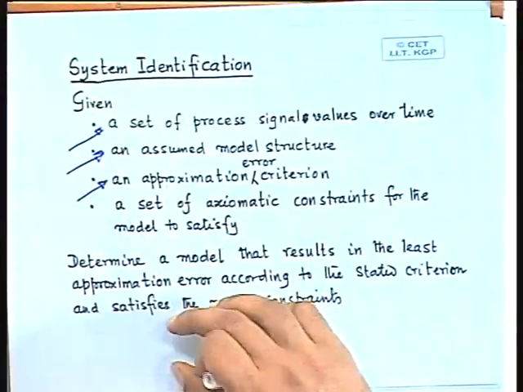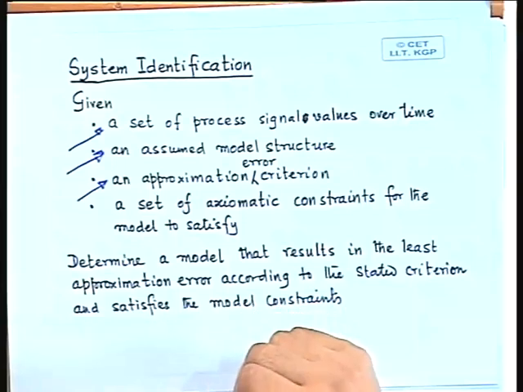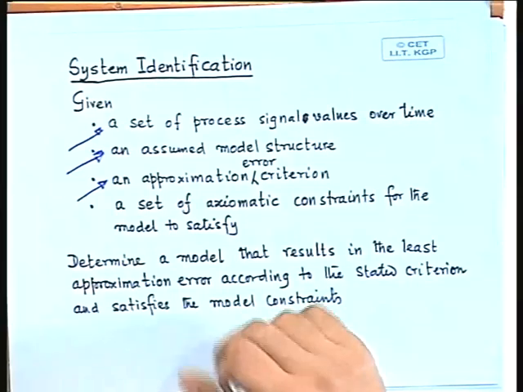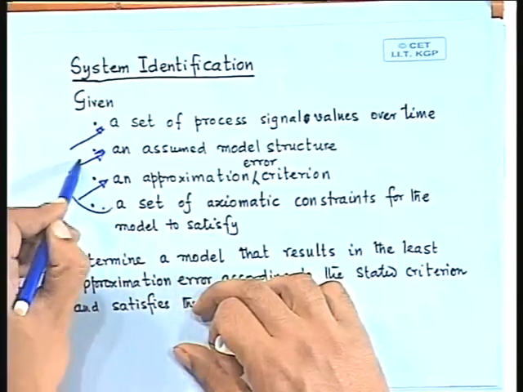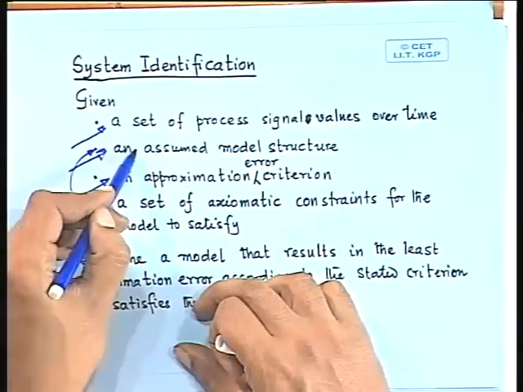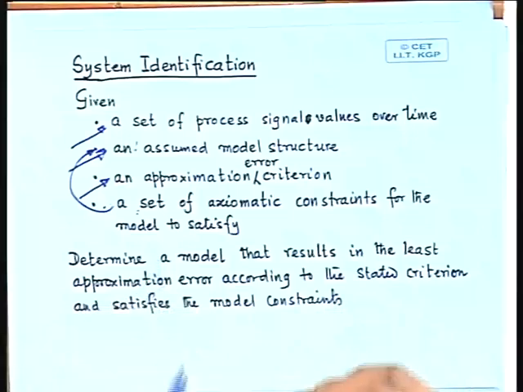So what do we mean by good? We have to define some measure of goodness, which is an approximation error criterion, and actually these two together define the bag. You may not only say linear finite dimensional, you may also say linear finite dimensional stable.